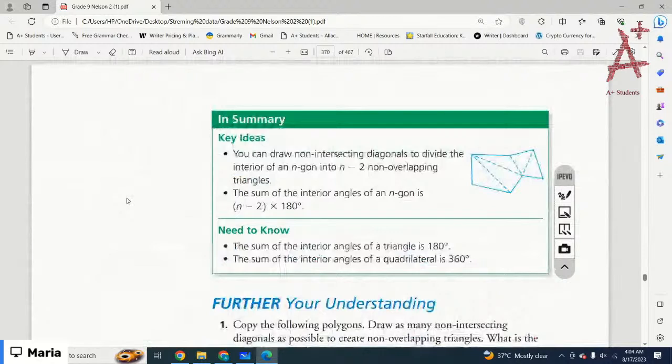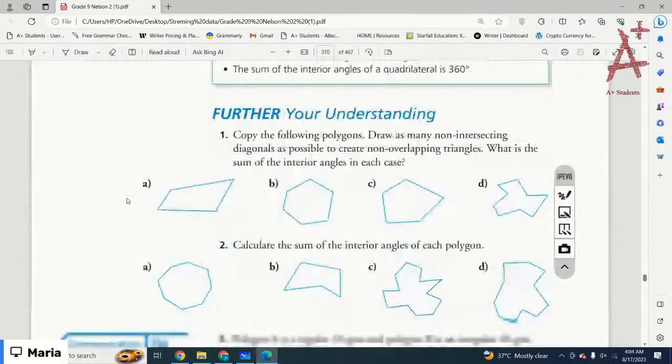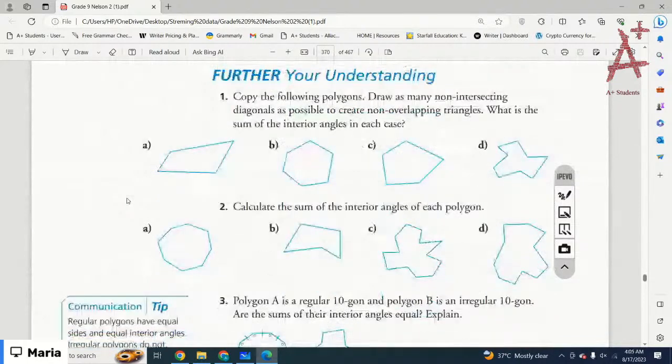Let's start with question number 1. Copy the following polygons. Draw as many non-intersecting diagonals as possible to create non-overlapping triangles. What is the sum of interior angles in each case?